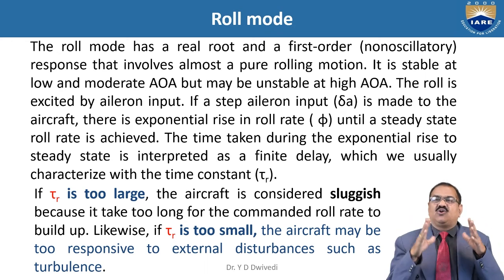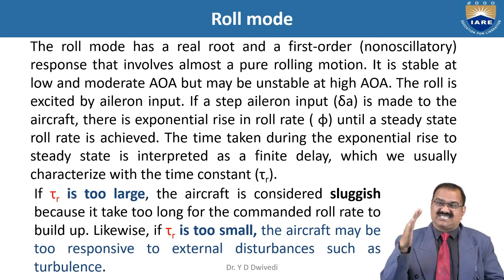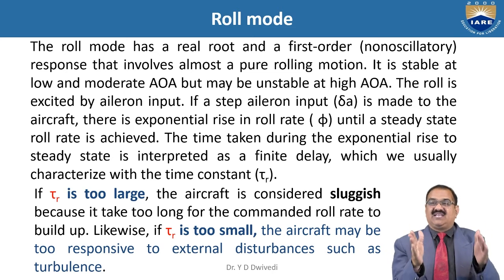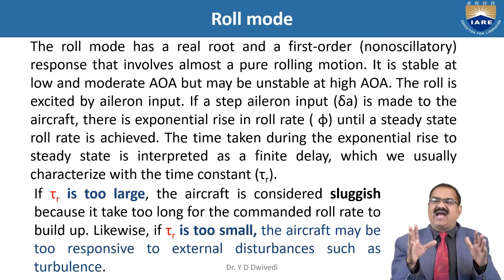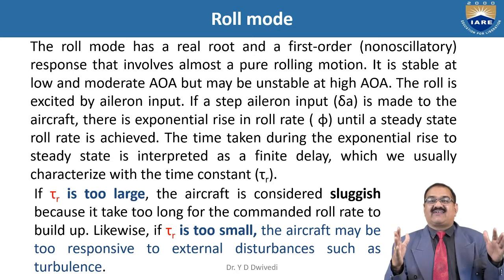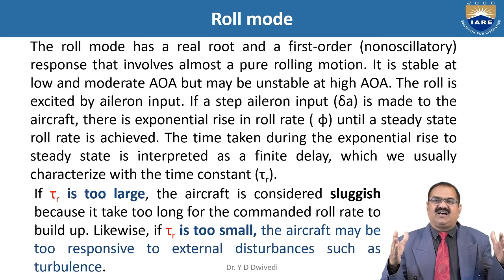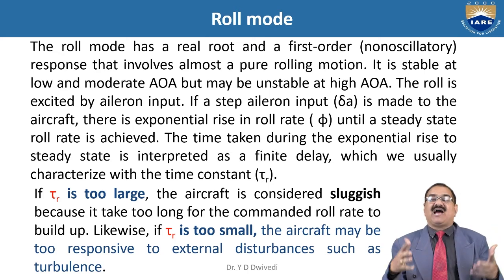In between, your tau r should be there. The time taken to stabilize the aircraft in rolling should be within the limit, not too small and not too large, so that the aircraft can reach the roll condition in a given time as the pilot wants.